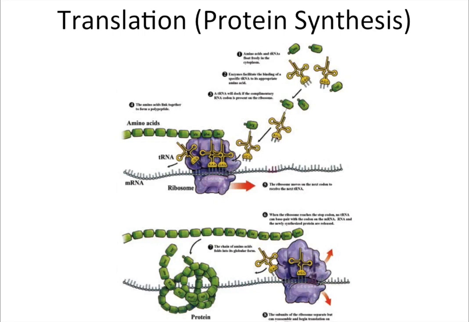Depending on this anticodon sequence, it picks up different amino acids that correspond to it. And as needed, there are many different tRNA molecules present, and they come down and match up with the different mRNA codons present along this mRNA strand.